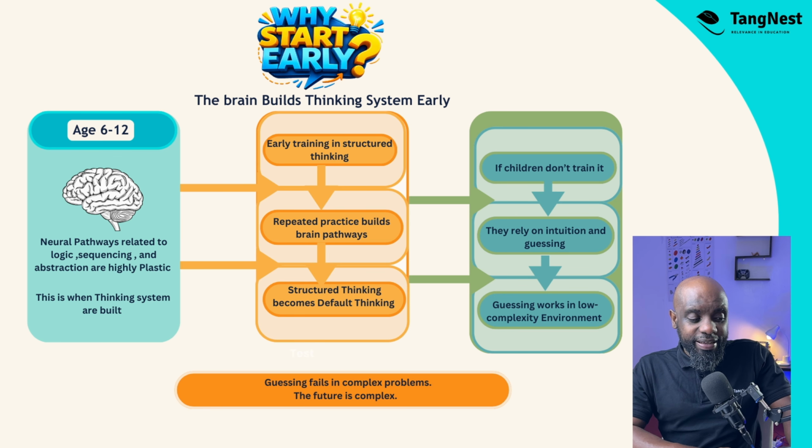And guessing may work in a simple environment, but it normally fails when problems become complex. And we all know that the future is becoming more and more complex. So, as a parent, you have to choose wisely.